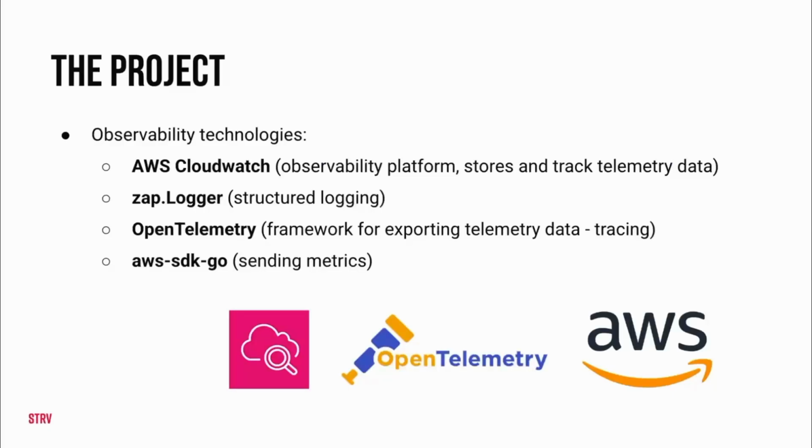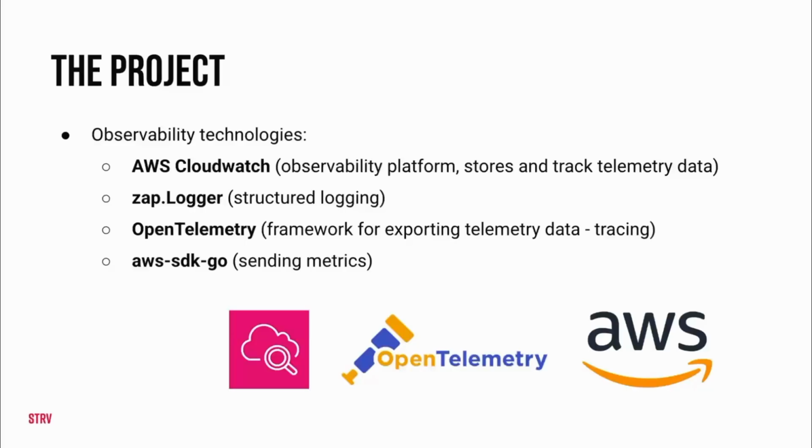And technologies that are used for the observability. We're using AWS CloudWatch, which is a part of the AWS platform. And that's where you basically store and track all of the telemetry data from your app or other places in the AWS structure.